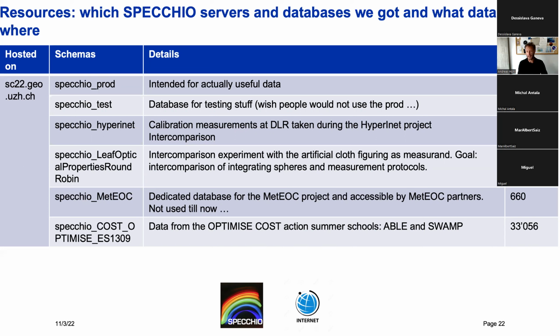If people want to play with their data and it's not really useful data, use that one. Then there are a few that were for specific projects, particularly the ABLE and SWAMP summer school data. These are on a specific instance of a spectral database schema.